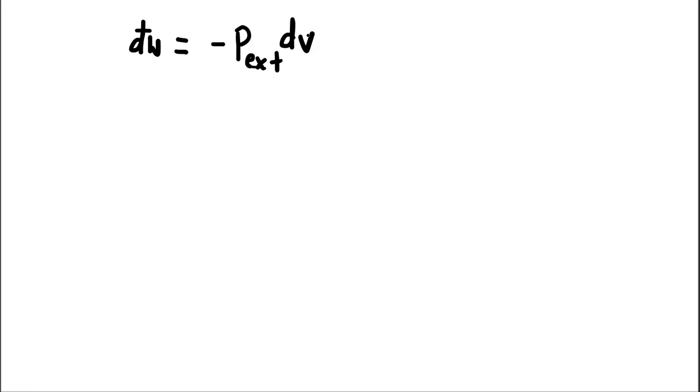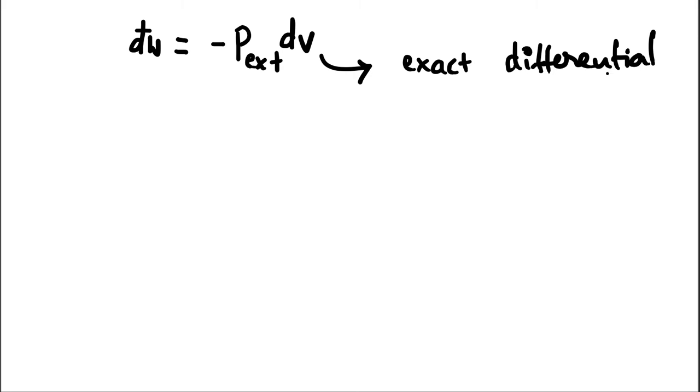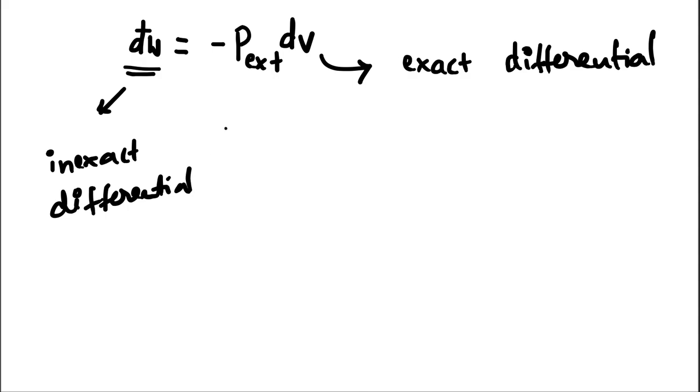So using the Euler's criteria, we proved that this is an inexact differential. Let's see how it is going to be. This one is actually an exact differential, and this one we just proved is an inexact differential, and this one is certainly a property that is dependent on paths.